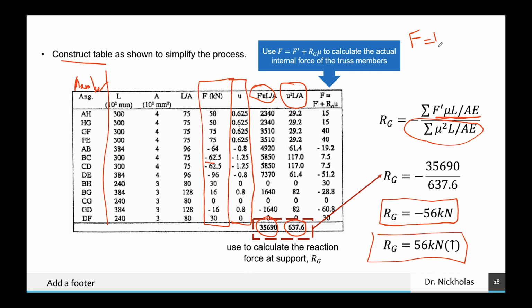So we have F prime, plus Rg, where Rg is this negative value, times F bar here. This gives the final value of the internal force in each member. So this is the real force.